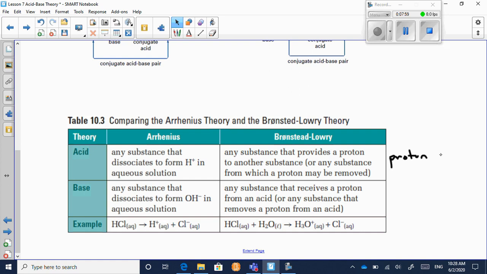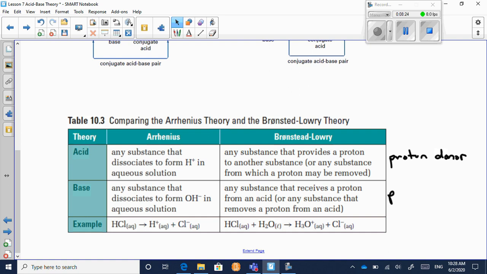Now you have to be careful with that definition, because chemists have pointed out that the term donor indicates that maybe they want to donate these protons. That's not completely accurate, but certainly it's the substance from which the proton is removed. And a base is any substance that receives a proton.